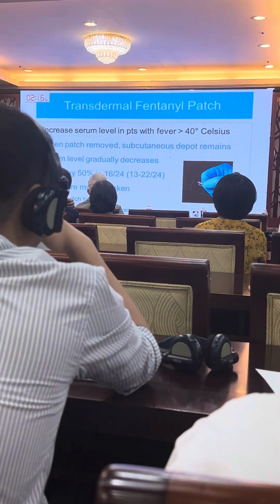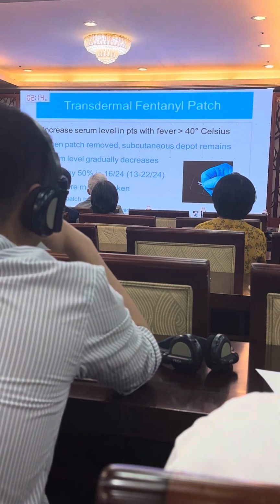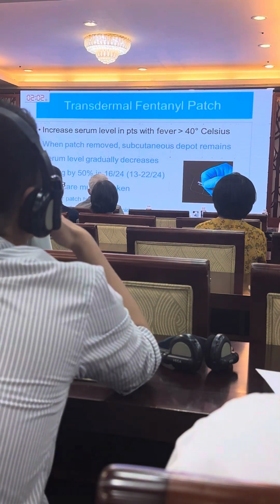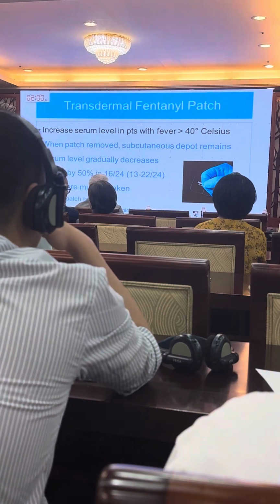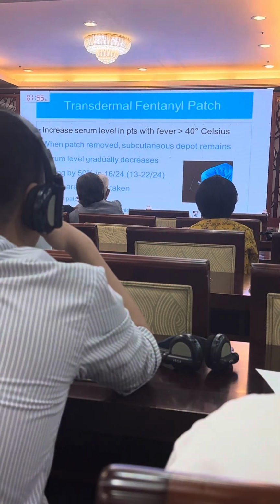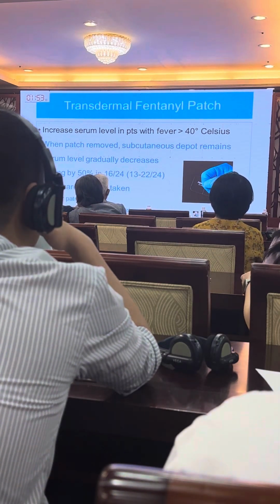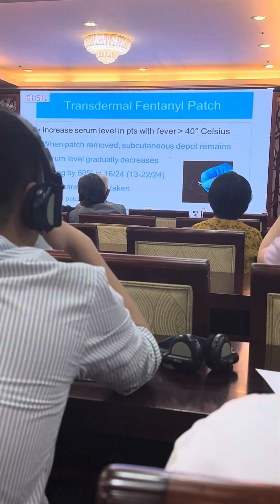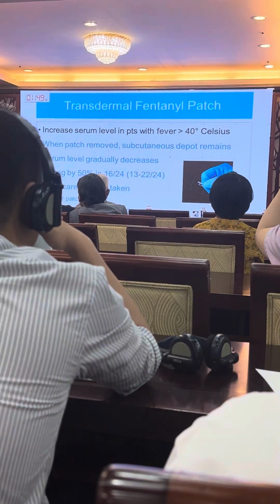Once you remove the patch, the plasma level will drop by 50% in 16 hours, and even when the plasma level drops by 50%, it might still be in the toxic range. So be careful of that. And for patients who have a fever of more than 40 degrees Celsius, the absorption is small. For every 1 degree Celsius increase, the absorption will be increased by 3%.